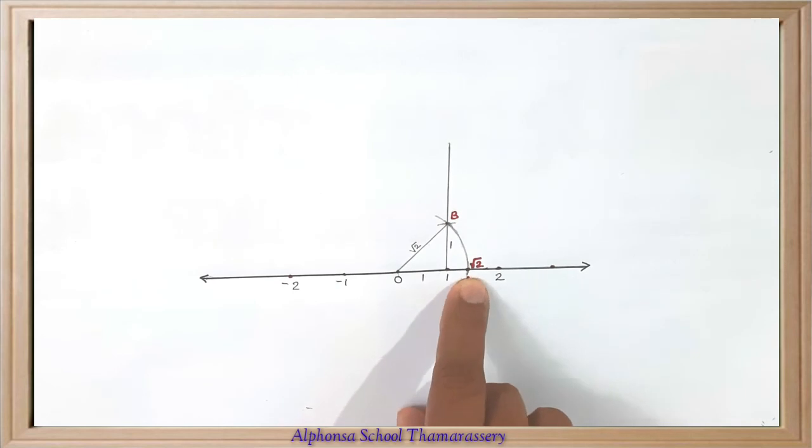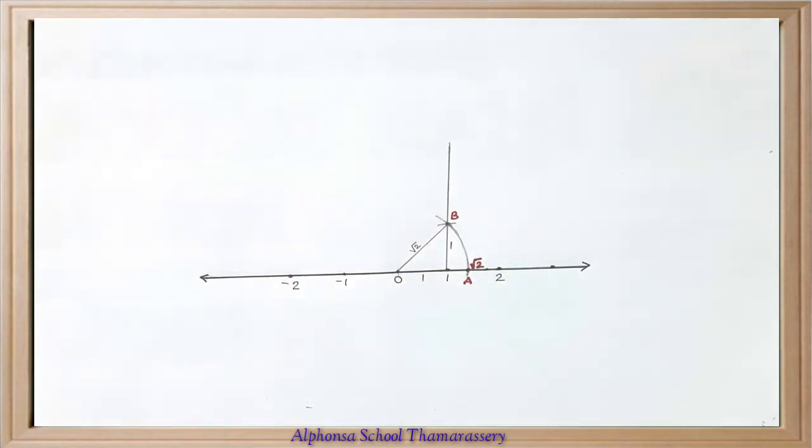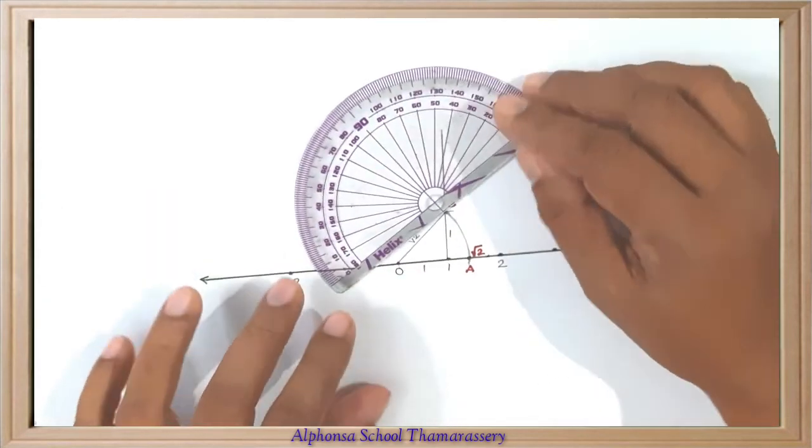So we are able to represent root 2. Now instead of taking a perpendicular at the point A, you can take a perpendicular on OB, because the length of OB is equal to root 2 units. Take your protractor, measure 90 degrees, draw a perpendicular line.